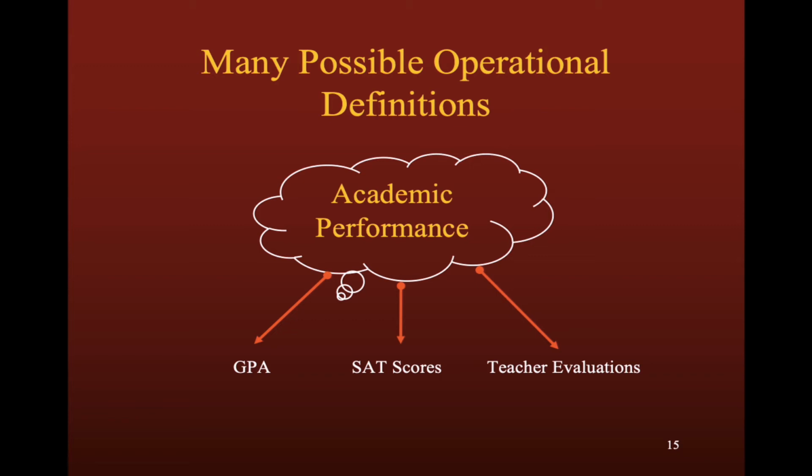So maybe GPA might be a better assessment of performance in school than, let's say, SAT scores, right? Because SAT scores aren't really getting at performance in school. They're really looking at performance in the future, right? So GPA might be the better of those three, just recognizing that each of those will tap into this construct on some level, some being better than others.